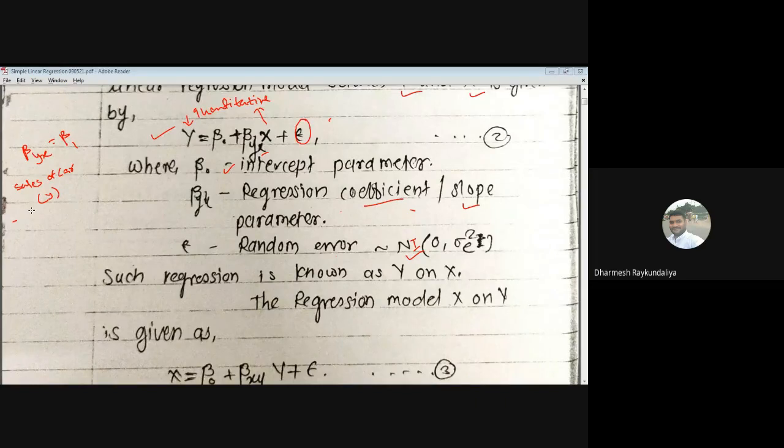Am I audible? Yes, sir. So what does the sales of a car depend on? Price, mileage. So let us say one variable is price, second one is mileage, third variable performance, reliability. Are these the only variables, or are there more?